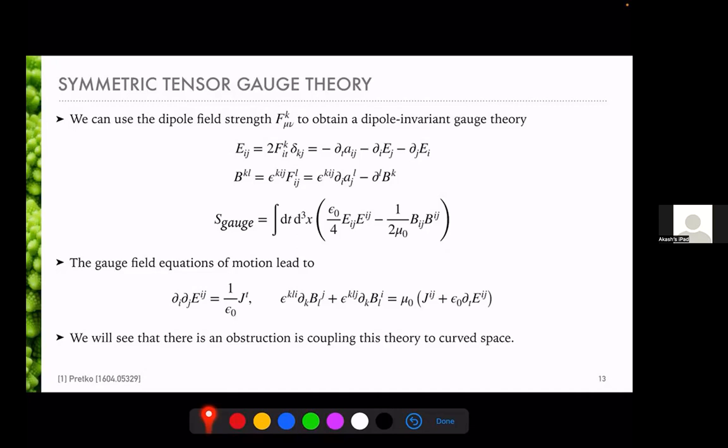These are the Maxwell's equations. I don't have much intelligible to say about this, except that they are the generalizations of Maxwell's equations in usual electromagnetism. But more importantly, they are invariant under dipole symmetry. So you can take a dipole symmetric system and you can couple it to these gauge fields in a dipole invariant manner.